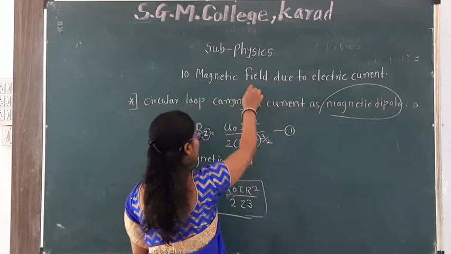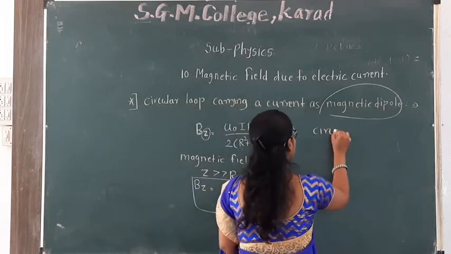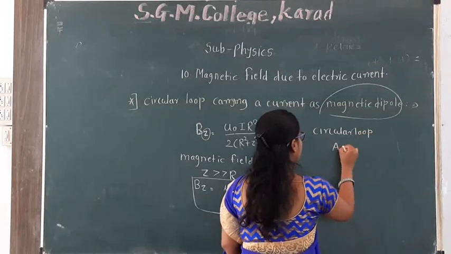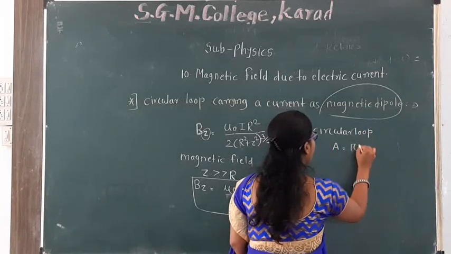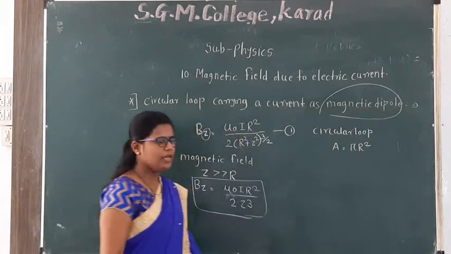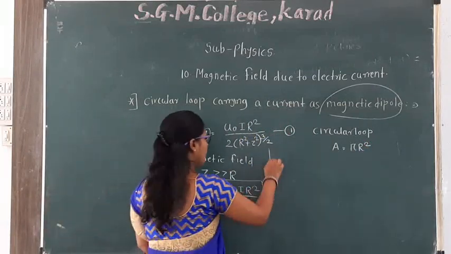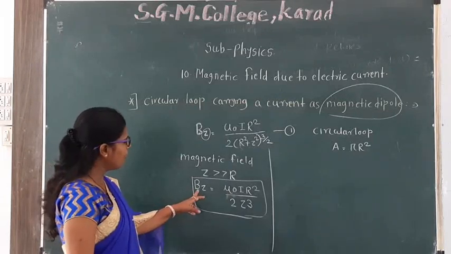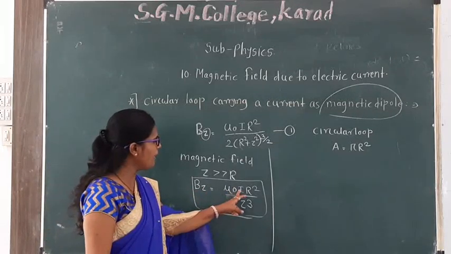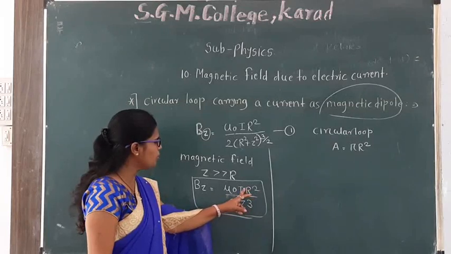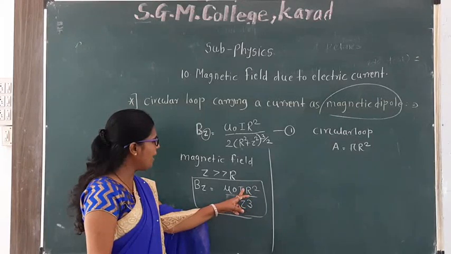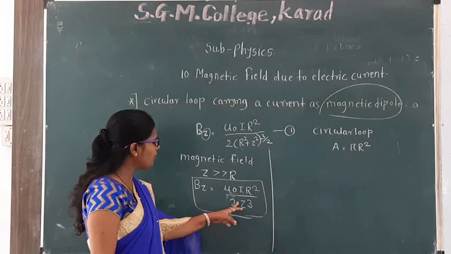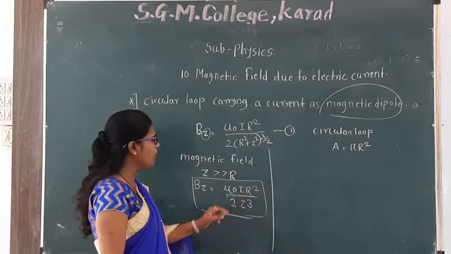Now here is a circular loop, having area A is equal to pi r square. We have to adjust the value of pi r square: there is only r square, so we need pi here, and pi also in the denominator, so numerator and denominator both get pi.